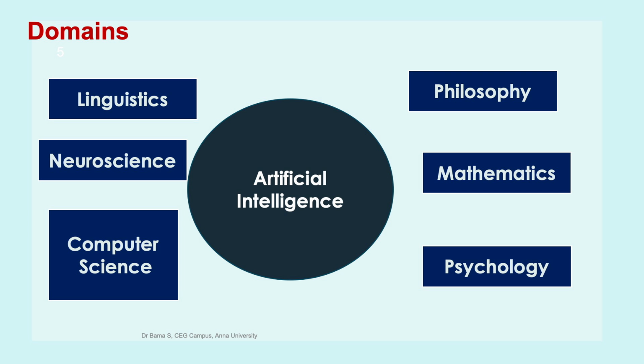Those aspects might influence the field of artificial intelligence. The second one is mathematics. Mathematics plays a big role, because only through mathematics would we be able to provide a quantitative approach that can be turned into programs, so that we can write computer programs emulating this intelligence.